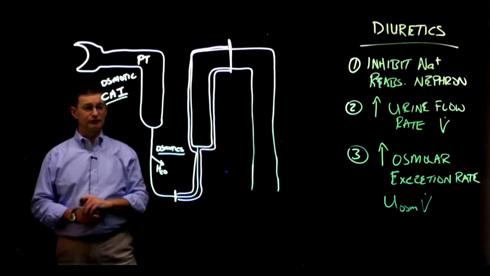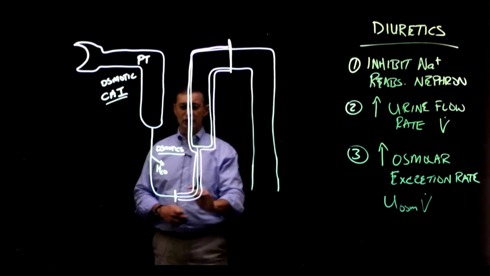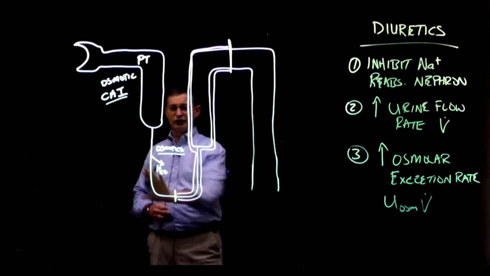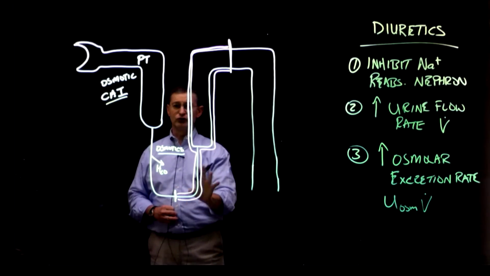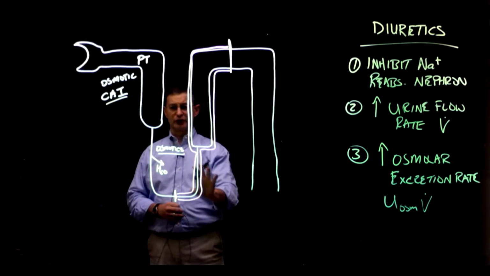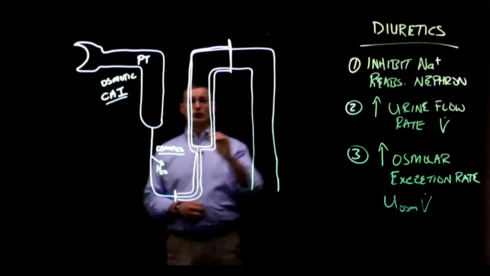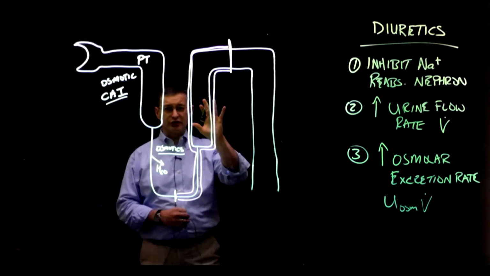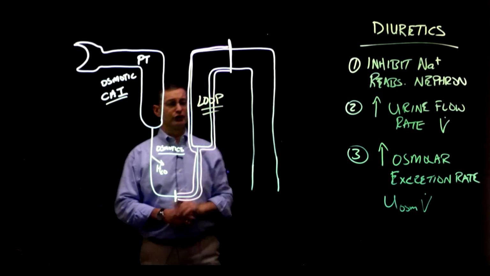Since there's not a lot of active transport going on in the thin descending and thin ascending limb of Henle, there's no diuretics per se that work on those segments except for the osmotic diuretics in the thin descending limb. However, when we get to the loop, the thick ascending limb, this is where loop diuretics have their biggest impact.